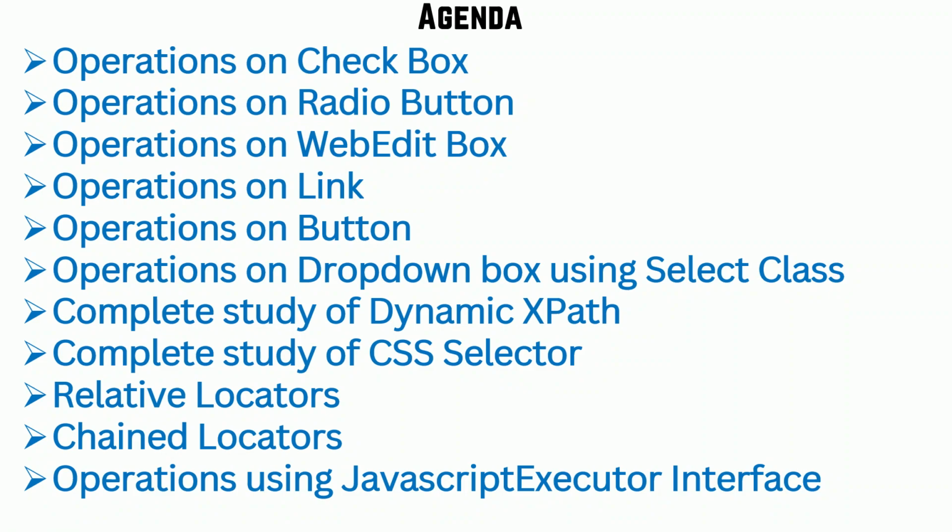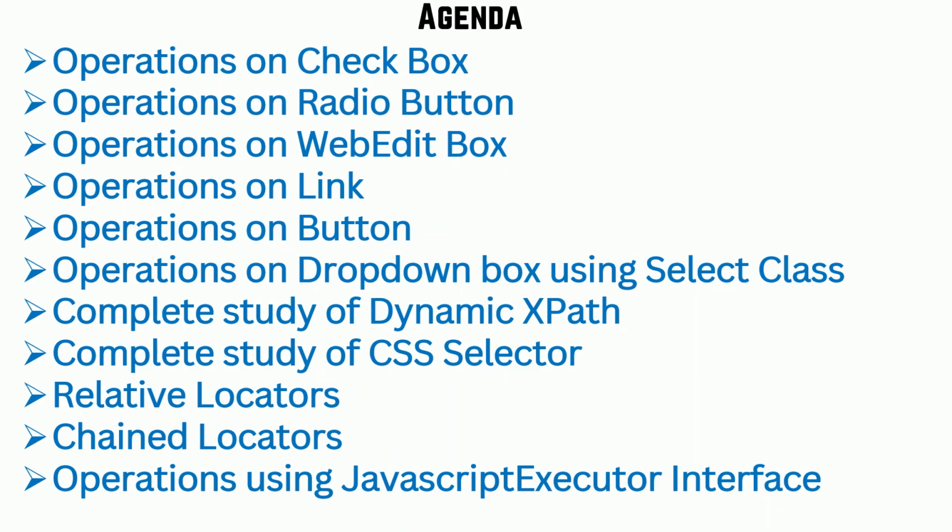Apart from that, you also learned the basic idea of different web element locators like id, name, class name, tag name, link text, partial link text, XPath and CSS. So the first six are already covered at a high level. Today, we'll try to understand how we can interact with checkbox, radio button, web edit box, link, button, and select drop down box as well.